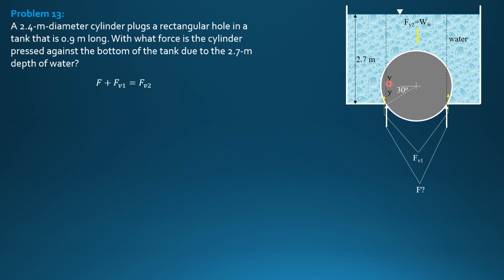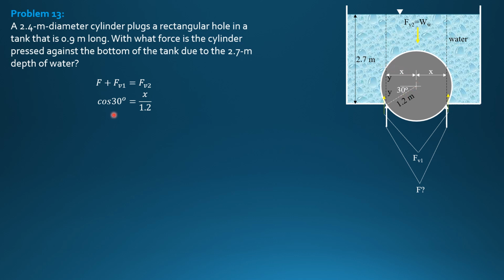So that's Y and Y, 30 degrees. So this is 60 degrees. So this area here, that's 1.2, the radius. And let's call that X. The area here is area of sector with central angle 60 degrees or pi over 3 radians minus area of triangle with central angle 60 degrees.